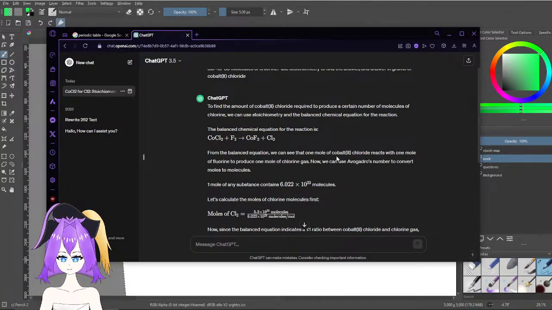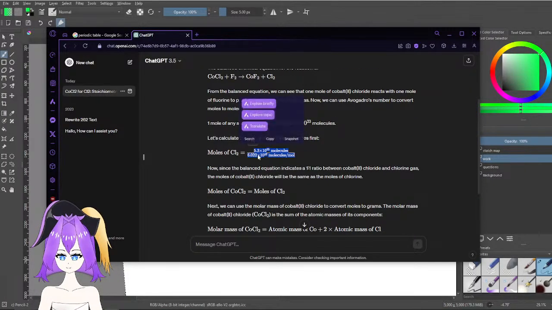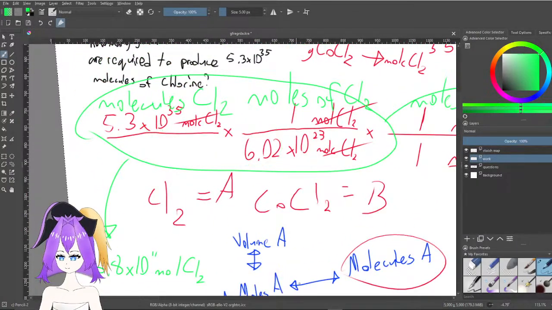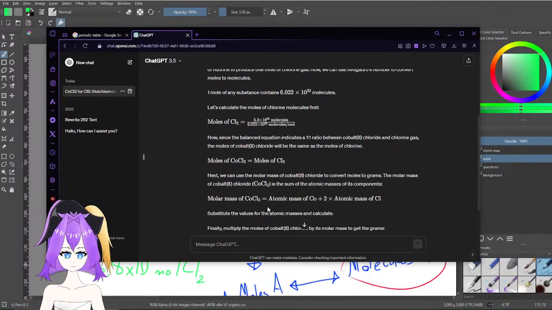From the balanced equation, we see that 1 mole of cobalt chloride reacts with 1 mole, okay, Avogadro, that's what that guy's name is. So, 1 mole of any substance contains that. Okay, so I did get the first step right. So this is the dividing here.